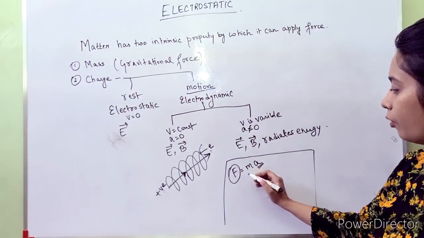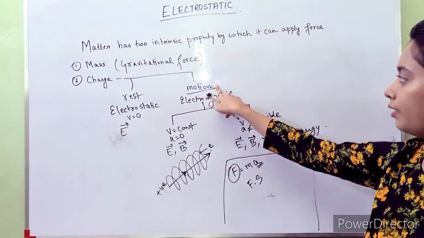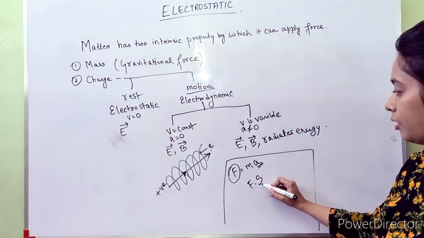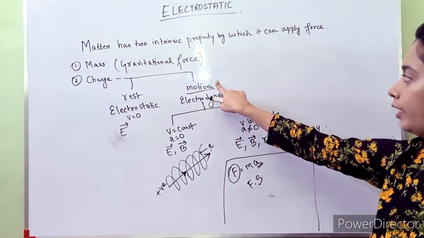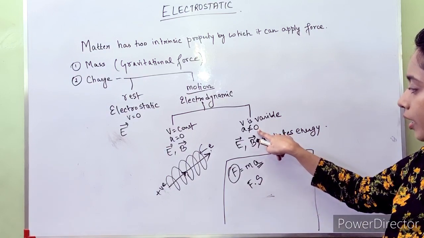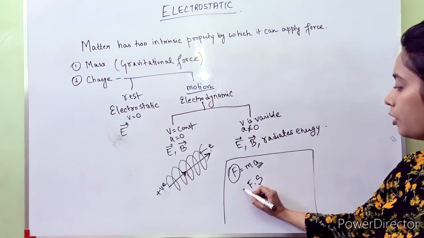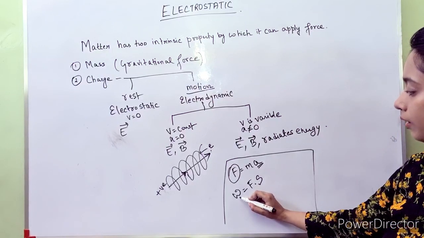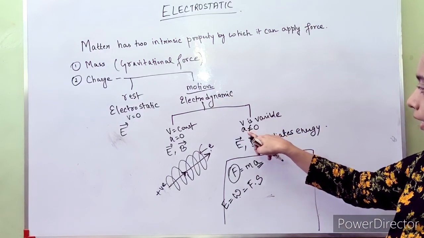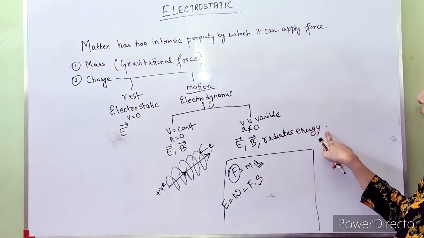Now when there is force and there is displacement, this charge is moving, that means it is covering some distance, changing its position. Since it is moving, there has to be some displacement, and since it is an accelerating charge, there has to be some force linked with it. So force into displacement is work done, and work done means energy. That means when the charge is accelerating, it radiates energy.